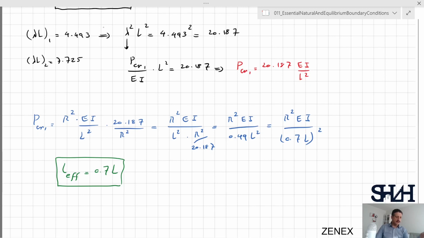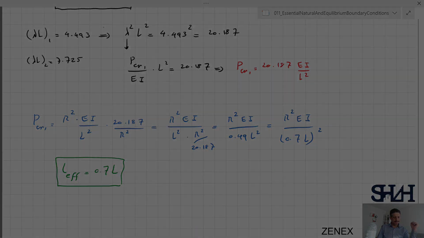If you are interested in higher orders of the buckling loads, you can find them by the next root of the equation. Yes, that was the end of this example, and we went through the essential boundary conditions, also called kinematic boundary conditions.